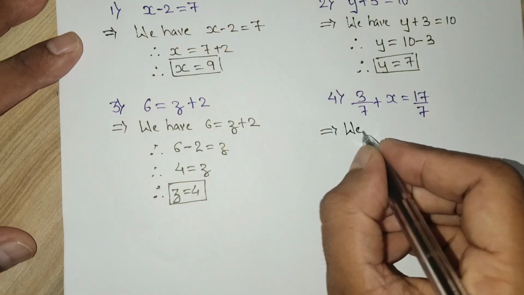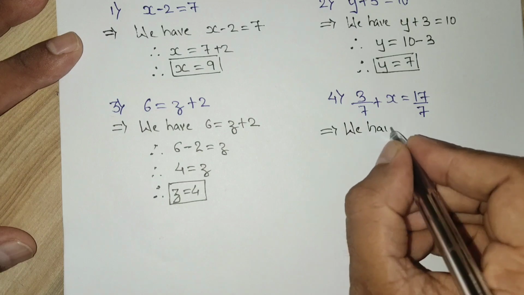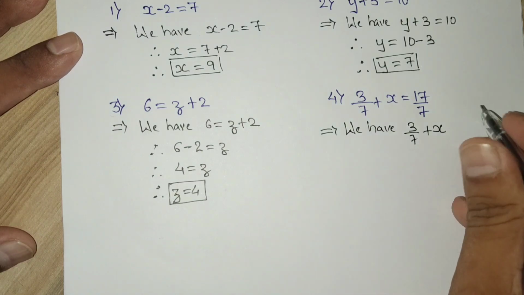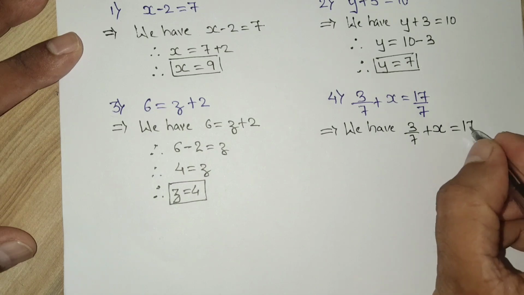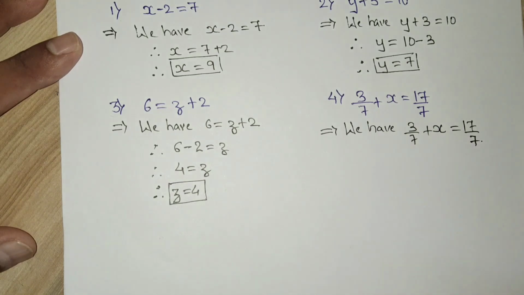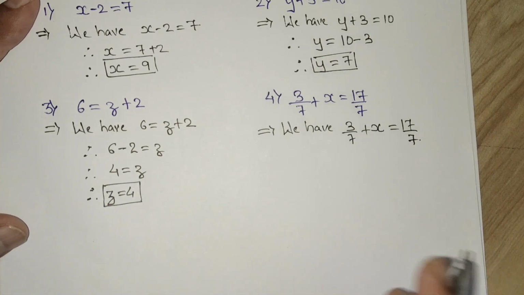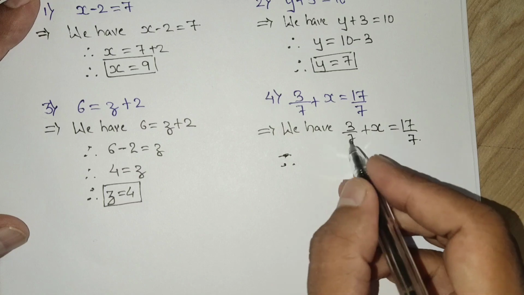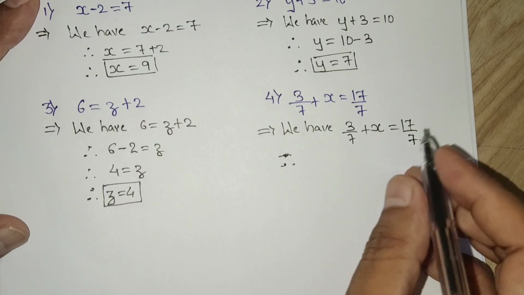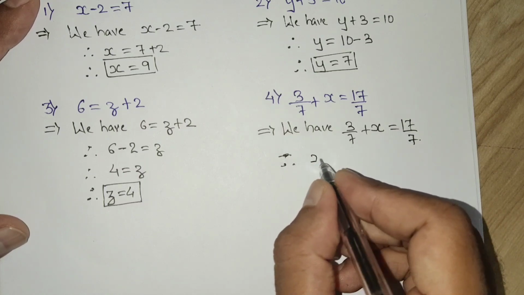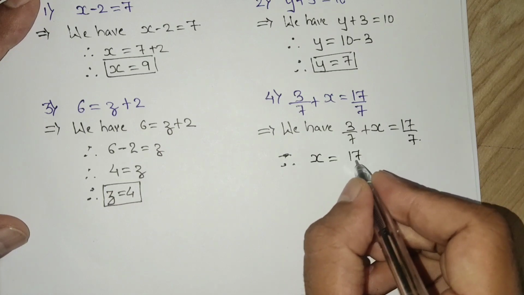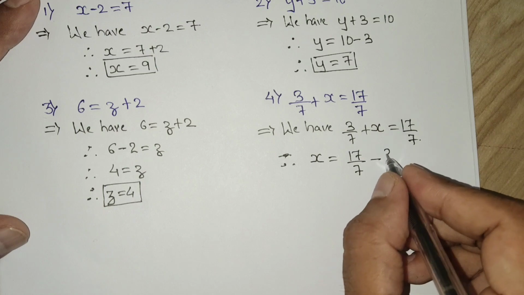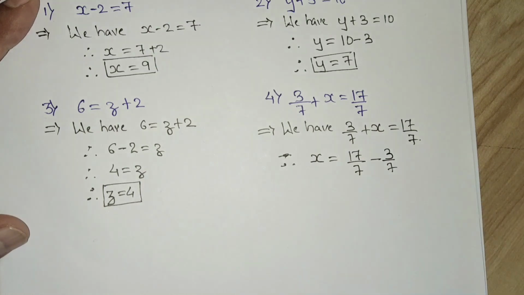We have 3 divided by 7 plus x is equal to 17 divided by 7. Here we will transpose 3 by 7 to that side, it will become minus. Therefore x is equal to 17 divided by 7. It will go that side and become minus 3 divided by 7.